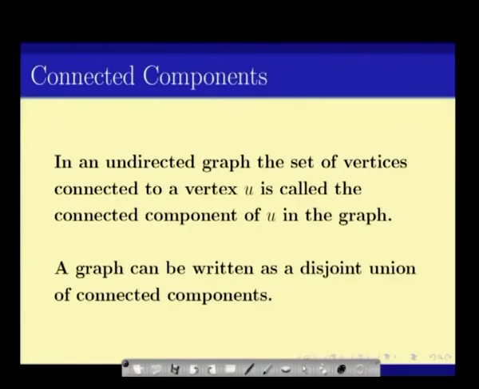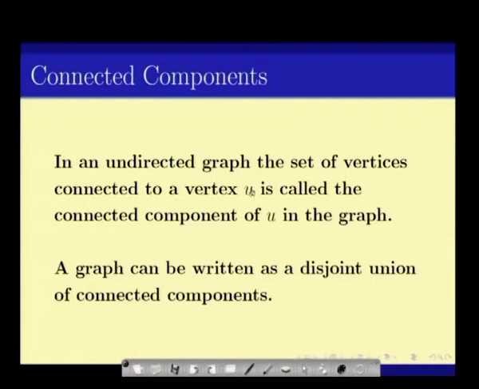Now, let us look at a graph, say if it is not connected, then look at all the vertices that are connected to U. So, say U is a vertex and all the other vertices that are connected.